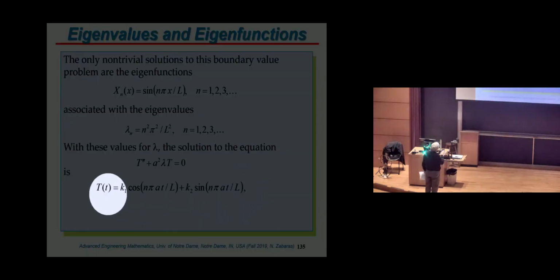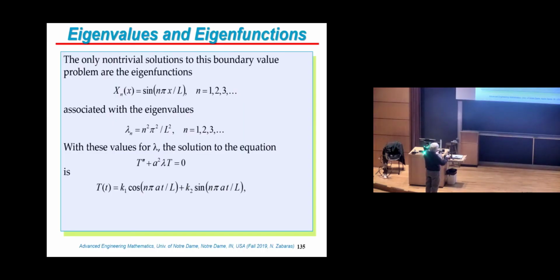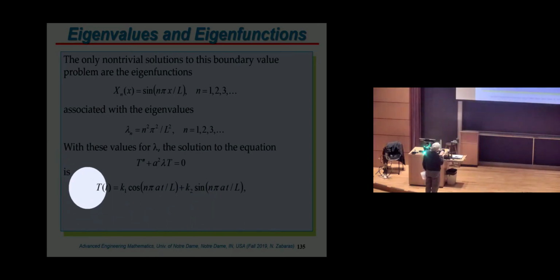You remember, we prescribed the initial displacement being some function, and then we said the initial velocity has to be equal to 0. So the initial velocity will be the derivative of this with respect to t. If you take derivatives with respect to t, this will become a cosine, which at time 0 is 1. And this will become a sine. So which of the two terms will be 0?